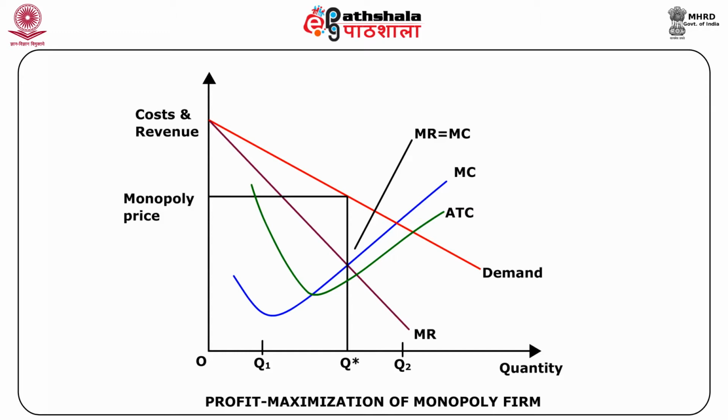In the end, the firm adjusts its level of production until the quantity reaches Q star, at which marginal revenue is equal to marginal cost. However, a monopoly firm operates where price is greater than marginal cost, whereas a competitive firm operates at a point where price is equal to marginal cost.